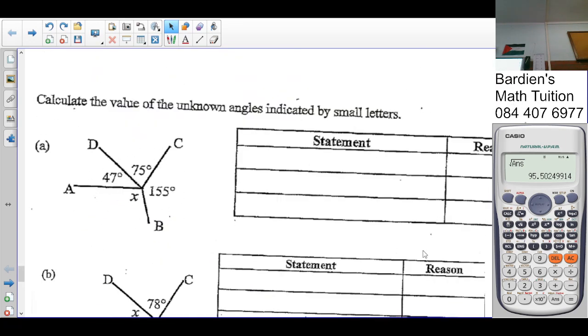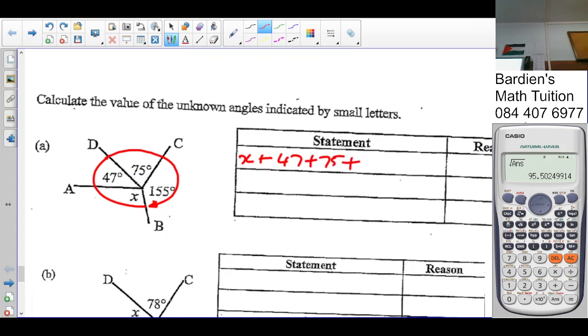If you're looking at x plus 47 plus 75 plus 155, they add up to what? 360 degrees. So just to do the first one, it's going to be x plus 47 plus 75 plus 155 equals 360 degrees. Why? It's a revolution. And then you just solve for x from it.